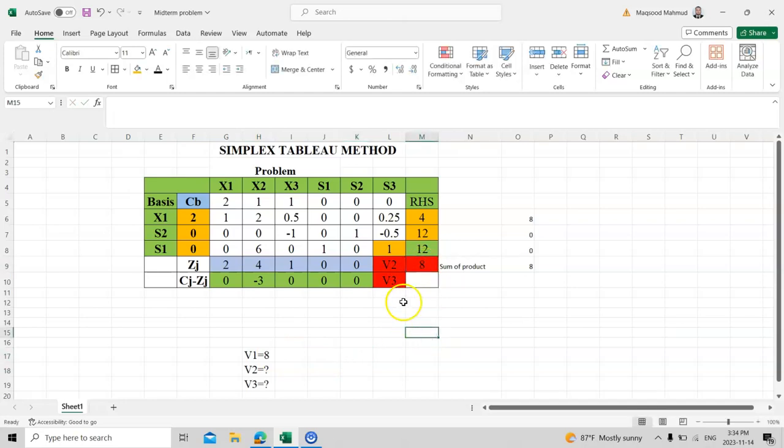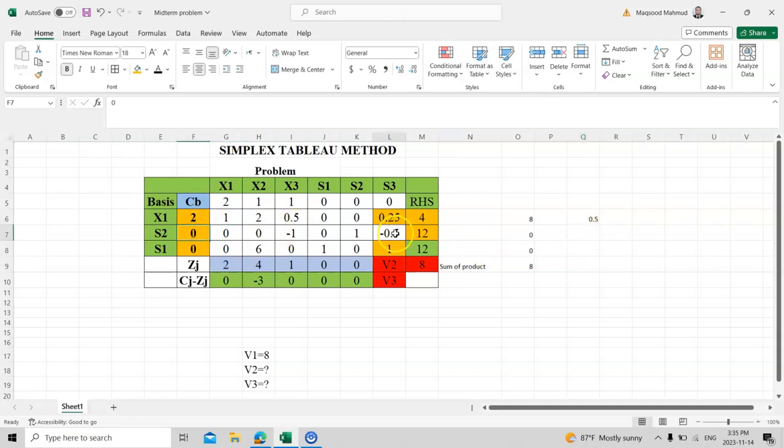Now let's suppose we want to find V2. V2 will be found in a similar way. This color I already have, multiplied with this color. So 2 multiplied by 0.25, which is 1 by 4, gives 0.5.